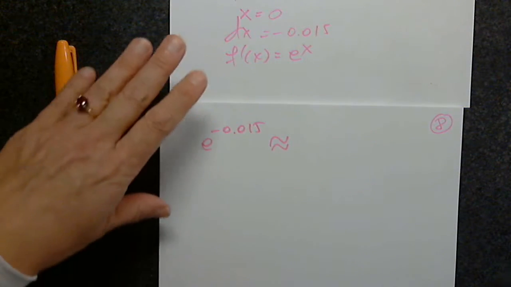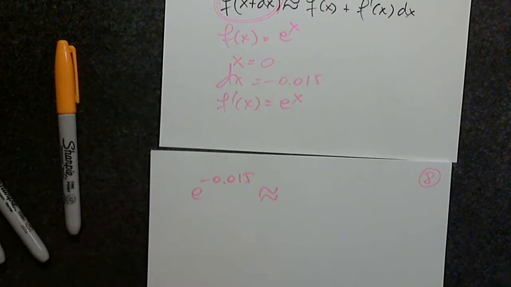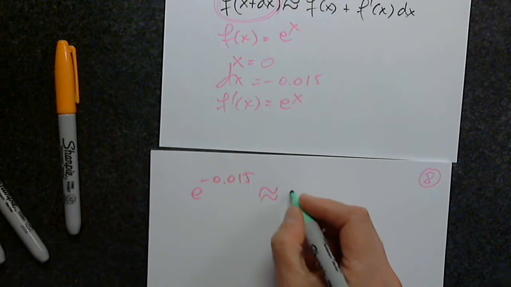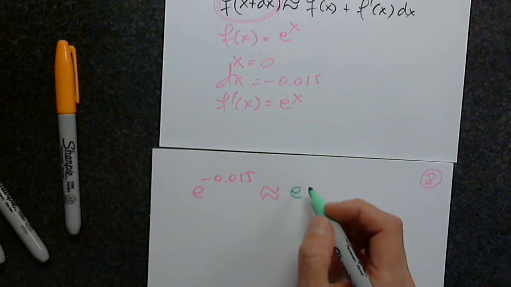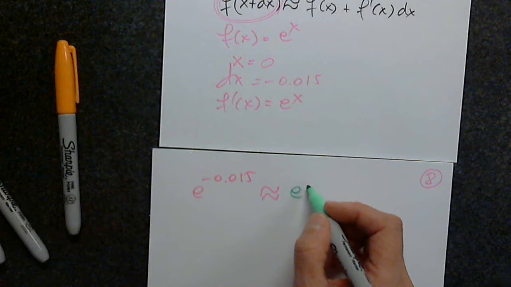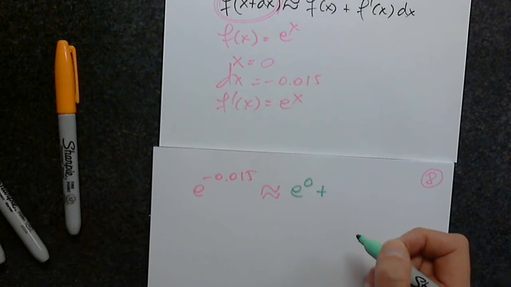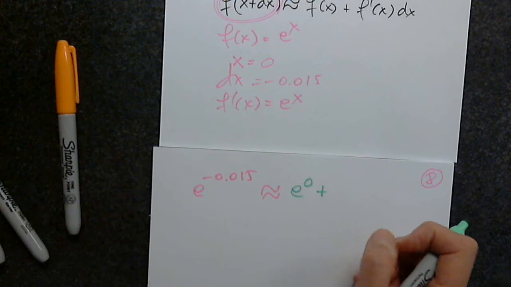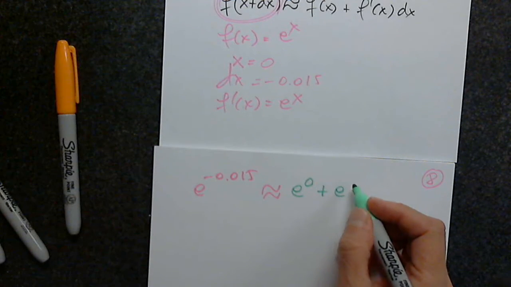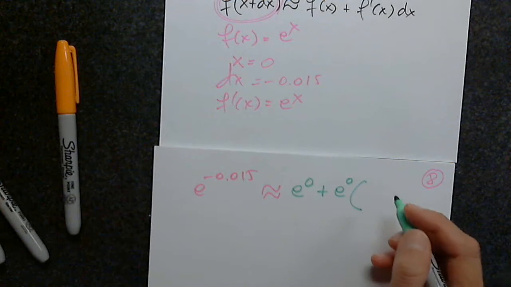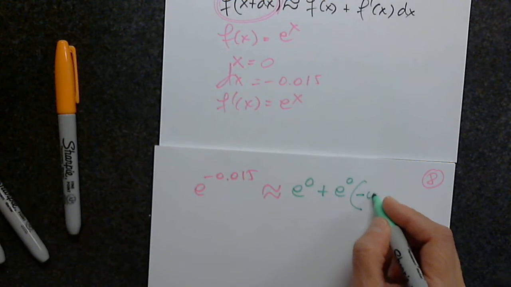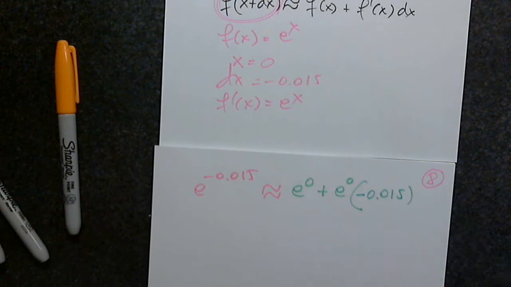Good. f of x. I have to write e raised to, excellent. Very good. Plus f prime of x, e raised to, excellent, times negative 0.015.